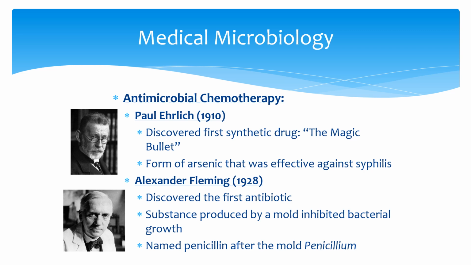From there, we move on to Alexander Fleming in 1928. Alexander Fleming discovered the first antibiotic by looking at the mold Penicillium and then naming that antibiotic after Penicillium, which is penicillin. So that was a really, really big discovery from Alexander Fleming in 1928.